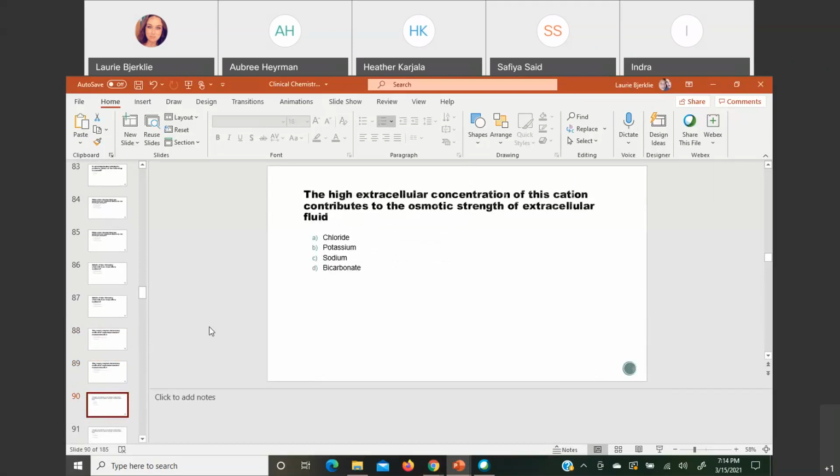The high extracellular concentration of this cation contributes to the osmotic strength of extracellular fluid.